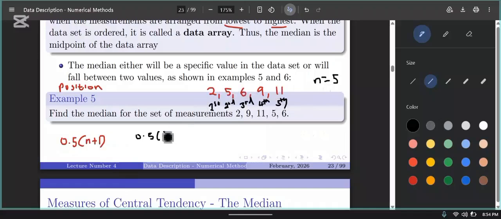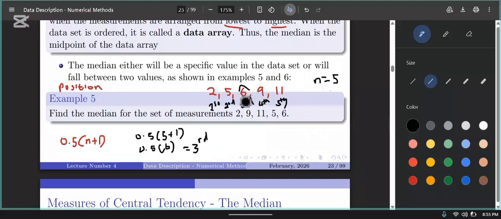So 5 plus 1, this is going to be 0.5 times 6. Then 0.5 times 6 gives us 3. So it means the median is on the third position, which is correct.